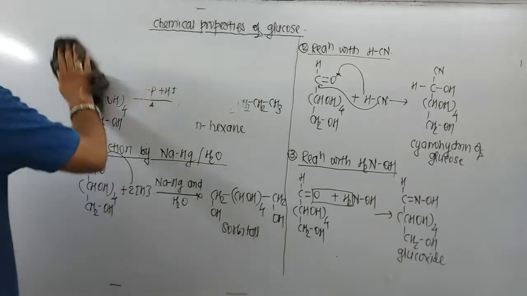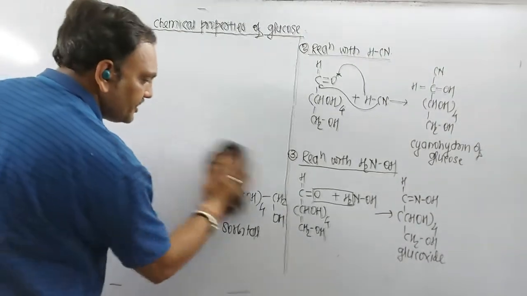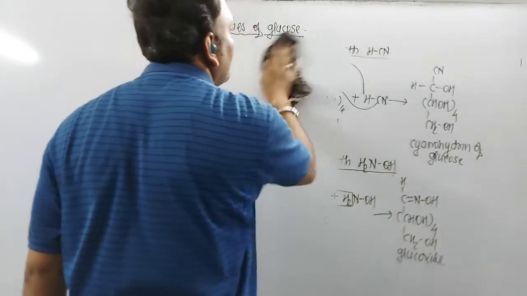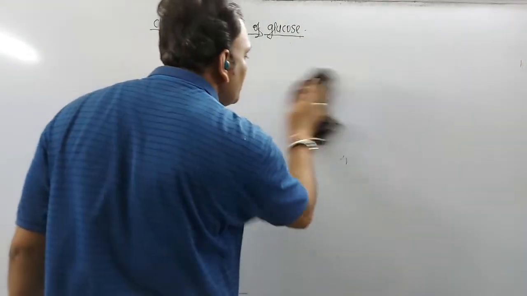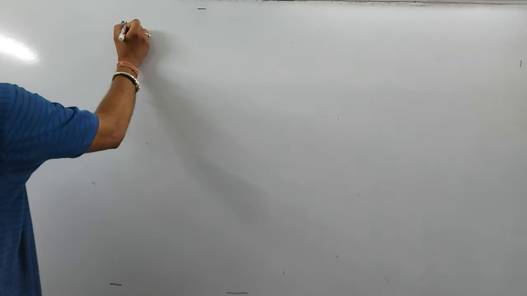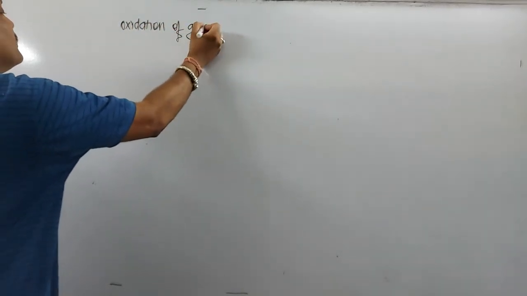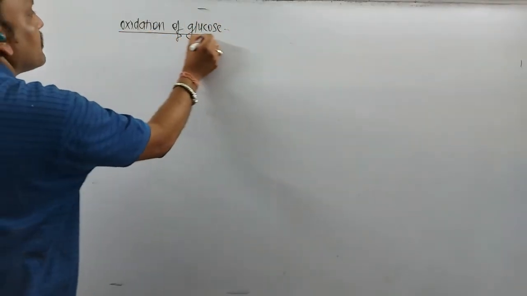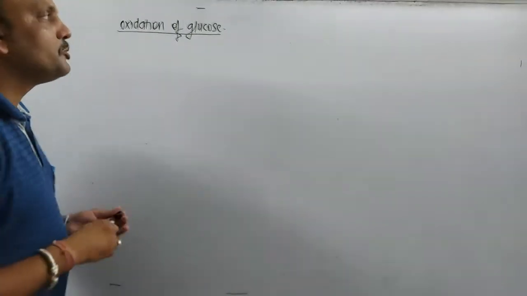Now, next to that, very important oxidation reaction. Now, oxidation reaction is a confirmative reaction. I mean, using oxidation, one can confirm the presence of primary alcoholic OH group as well as aldehyde group. So let's see oxidation of glucose. Now, the product of oxidation depends upon the oxidizing agent chosen.